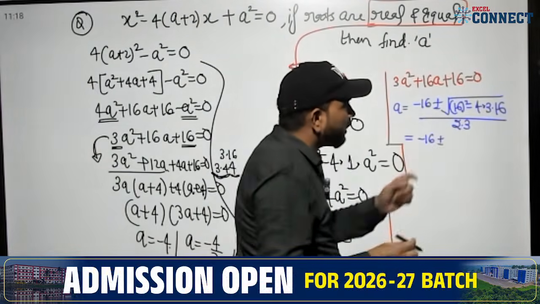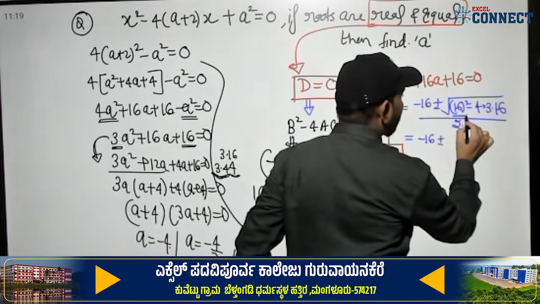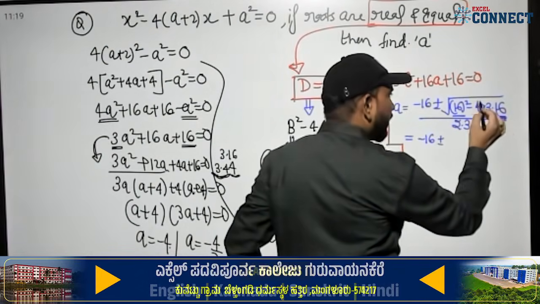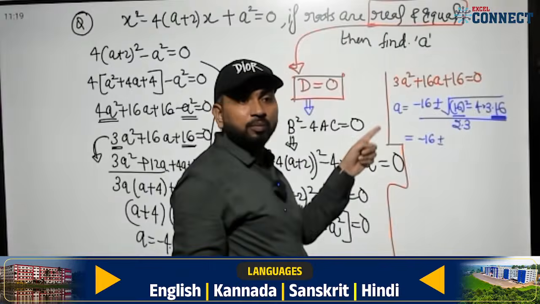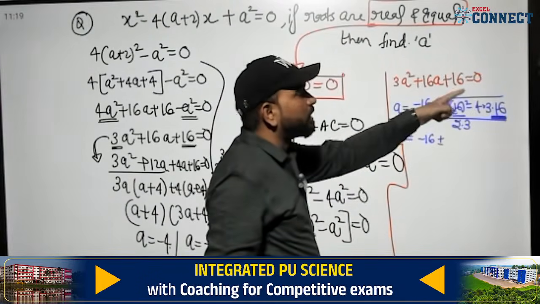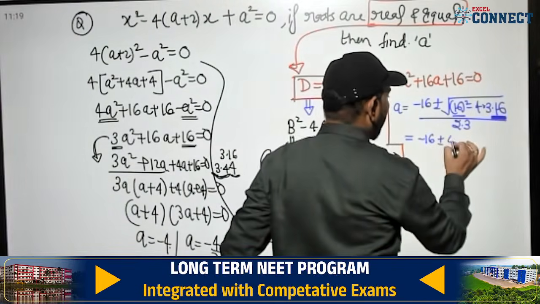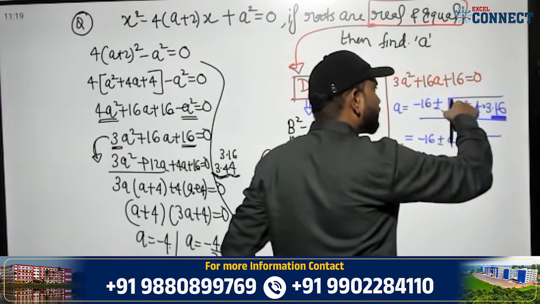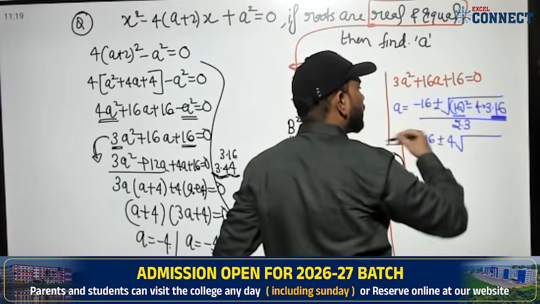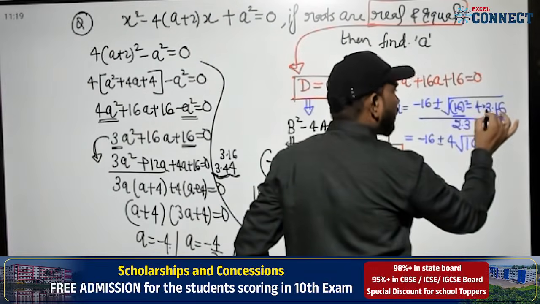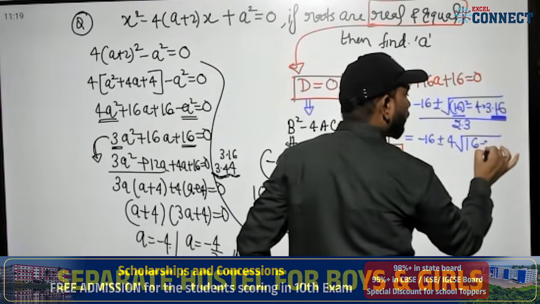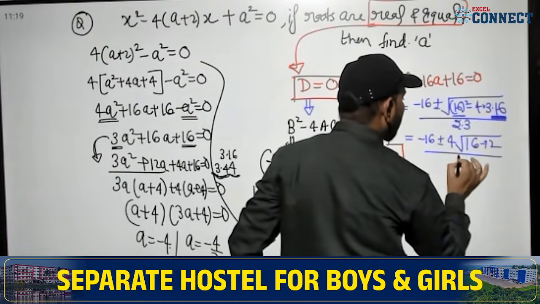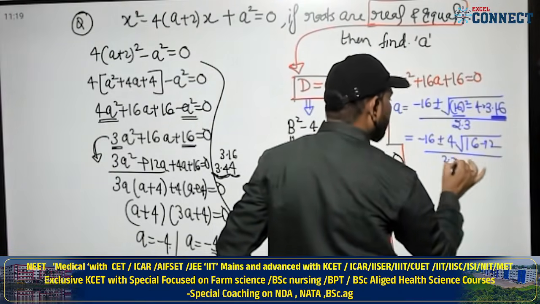From here you can take 16 common. When this 16 comes outside the root, outside it becomes 4. And here only 16 remains because 16 square is there. I have taken 16 common, so 16 remains here. And 4 into 3 is 12, divided by 2 into 3. We can write this, no issue.